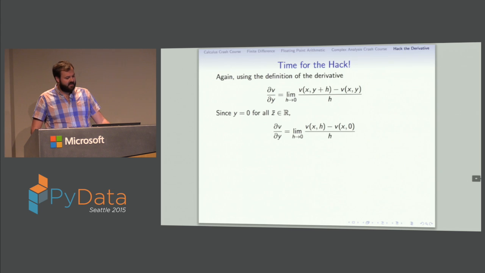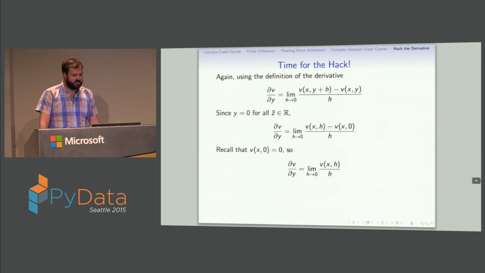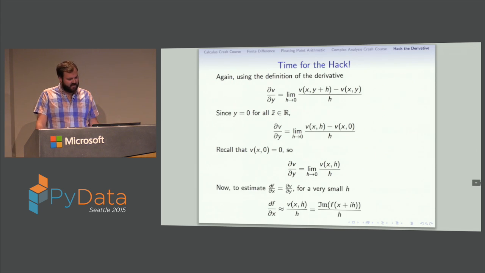We know that y is 0 because we're taking a z that's in R, so we plug in y equals 0. We get v of x, h minus v of x, 0 over h. We also know that v of x, 0 is 0, so we just get v of x, h over h. So to estimate the derivative, we can just take the function evaluated at x plus ih and divide by h.